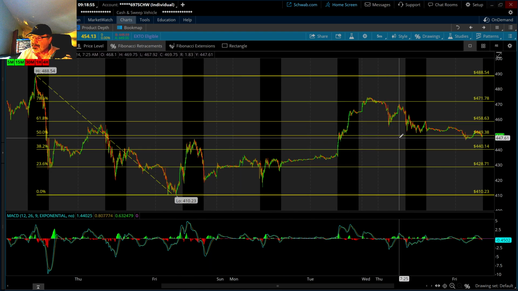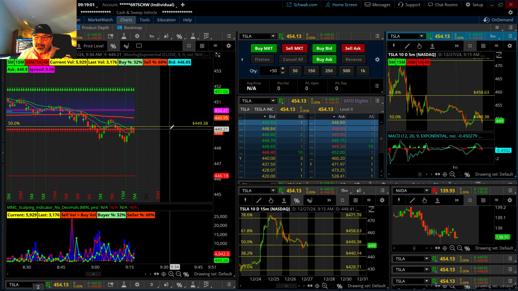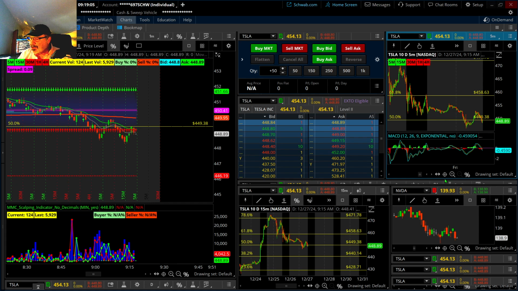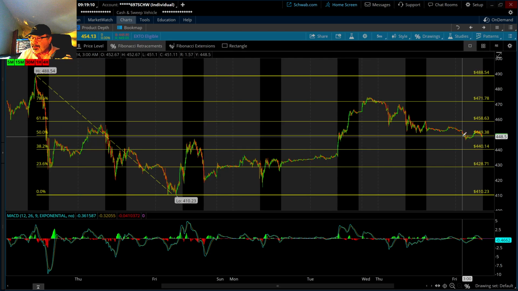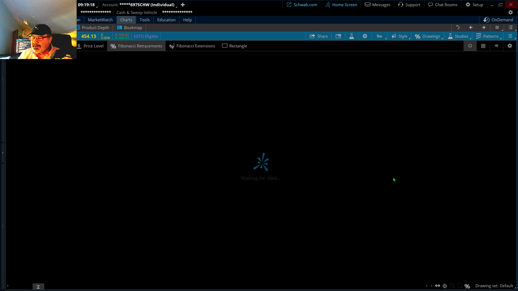Okay, so there's our first support and resistance lines that may come into effect here when we trade the open, which is in just a few minutes. So it's like 11 minutes away. So we're going to go ahead and do it again. And since I just stole my other 5-minute chart for something else, the other way we're going to do it is on a 2-day 5-minute.